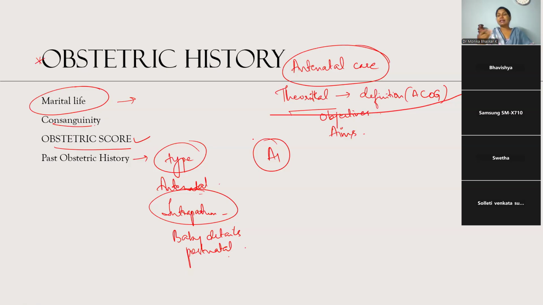What was the gestational age during MTP? Whether it was a first trimester or second trimester abortion, whether there was any hysterotomy, whether it was a molar pregnancy or an ectopic pregnancy. So all these details have to be asked, as they might have some bearing on her present pregnancy. So these things have to be highlighted in her past obstetric history.